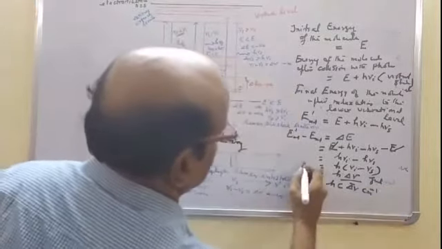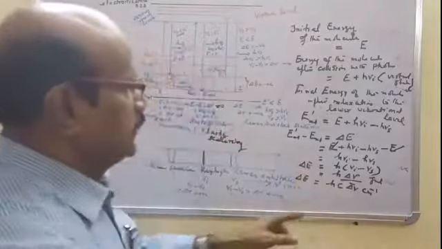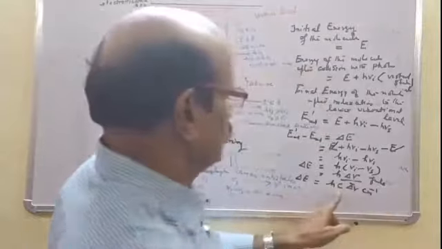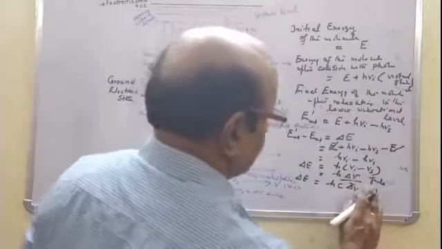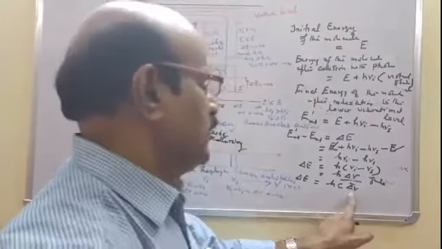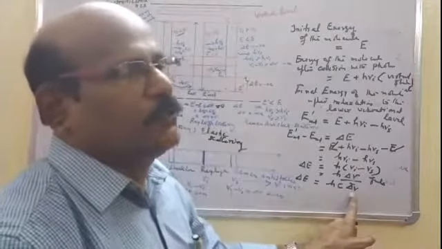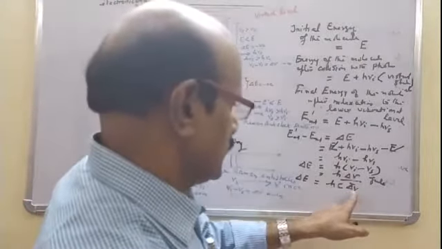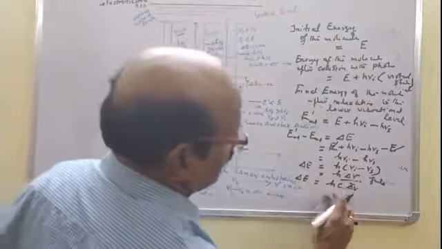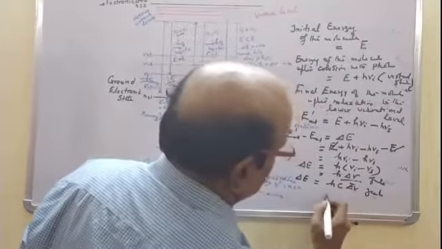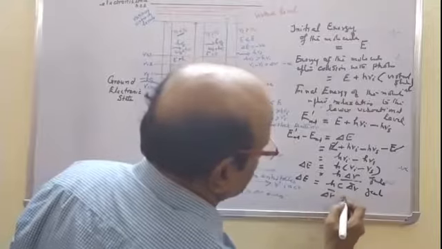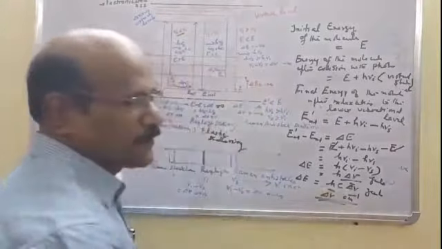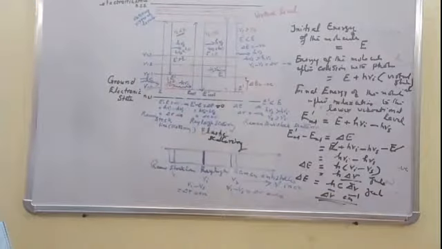So we have delta E is equal to, that is H nu joule, or in centimeter inverse delta nu is equal to Hc. Okay, if delta nu is in centimeter inverse, delta nu bar is in centimeter inverse. Delta E is Hc delta nu bar joule, where delta nu bar is the shift in centimeter inverse.